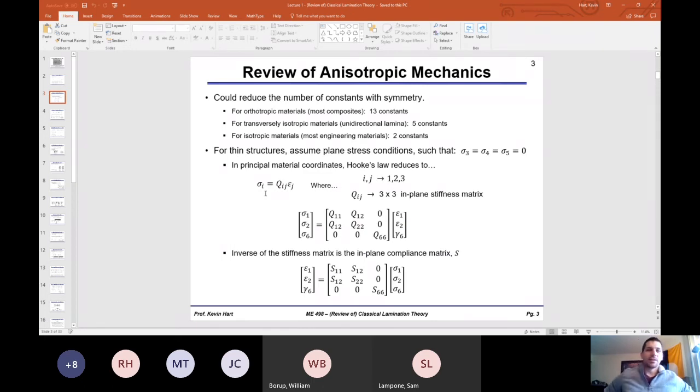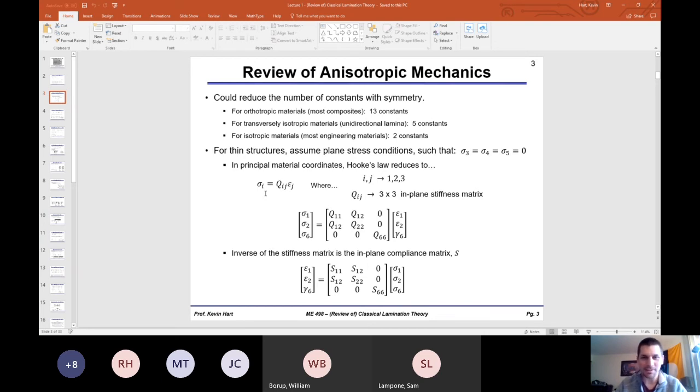When we talked about reducing the material constants based on symmetry, we could reduce for a variety of different materials. If the material was generally orthotropic, as most composite materials, you get down to 13 constants. For transversely isotropic materials, like a single lamina with unidirectional fibers, you could get down to 5 constants: E1, E2, G12, nu12, and nu23.